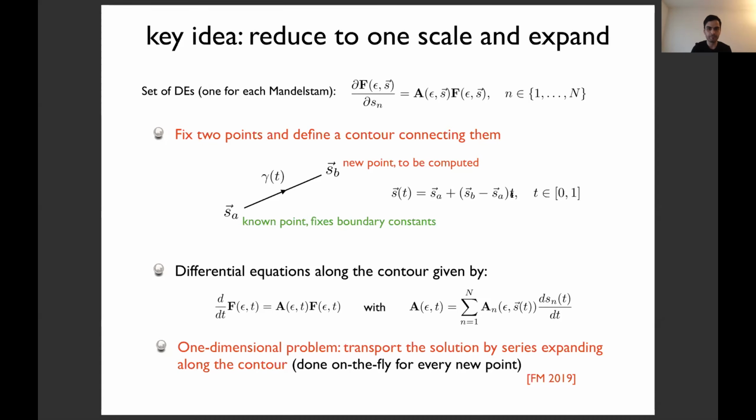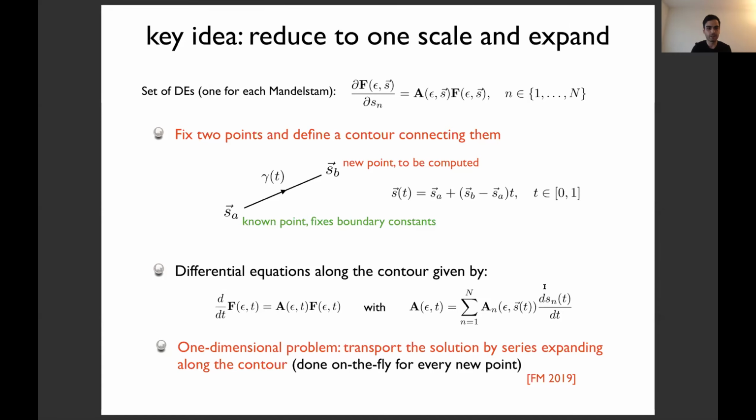And notice that at this point, t is the only variable around. Everything else has been set to numbers. So SA and SP here are just 2 lists of numbers. And once we have done this parameterization, it is easy to define the differential equations along the contour. This is a very simple exercise. It is just a matter of applying the chain rule. So now we have a one-dimensional set of differential equations.